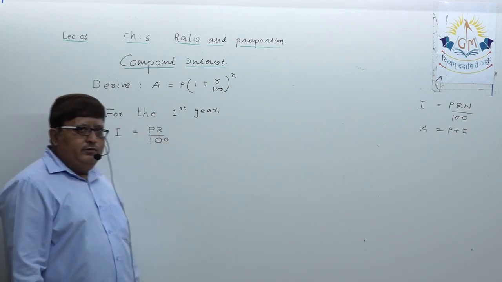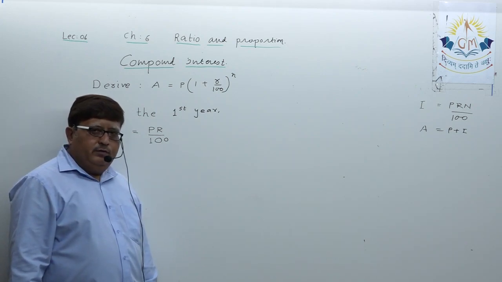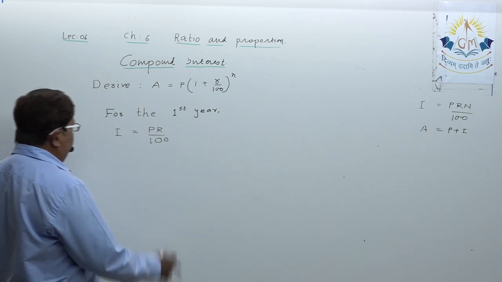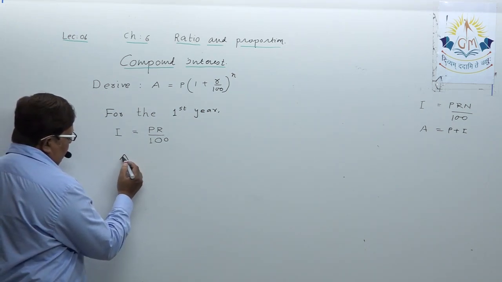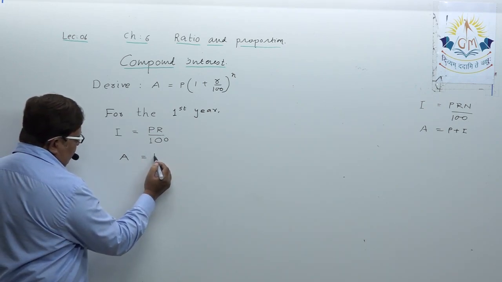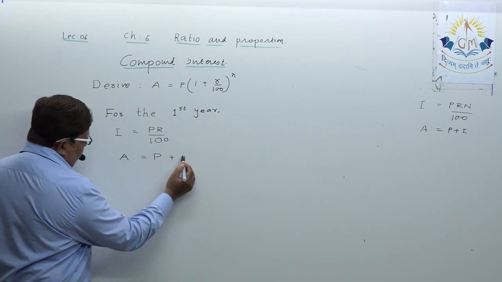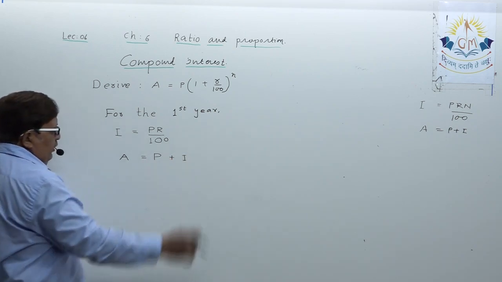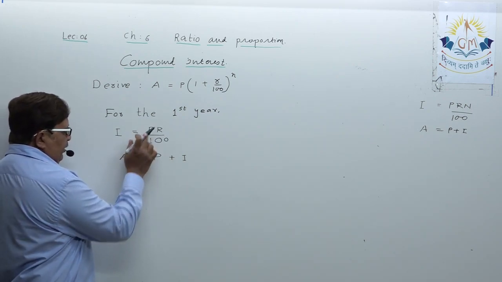Now, after finding the interest, let us find the amount. How can you find amount? The simple formula. What is that? P plus I. For I, I can replace this.